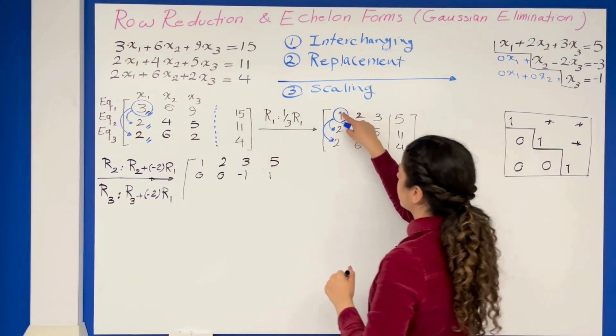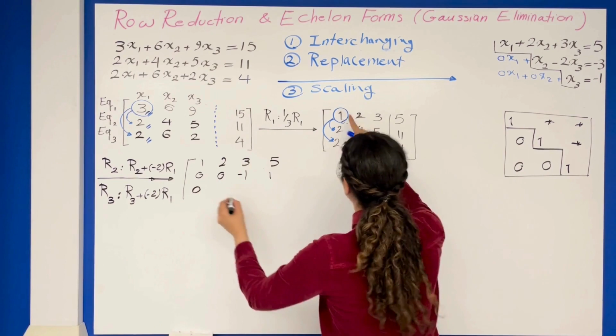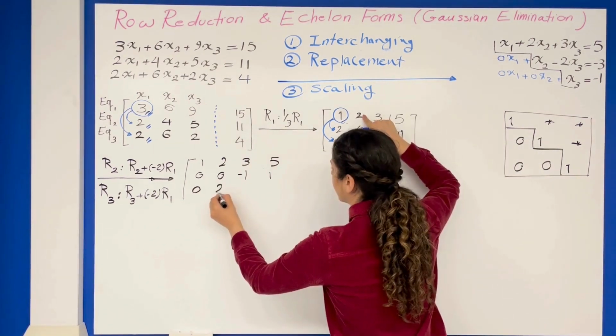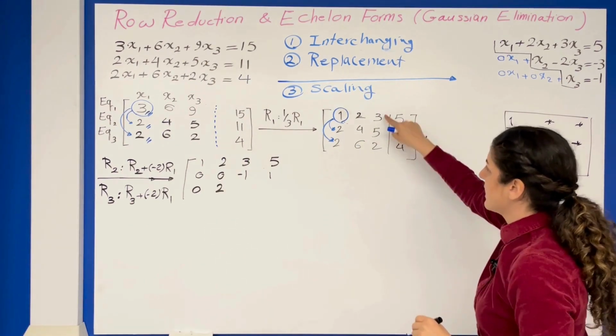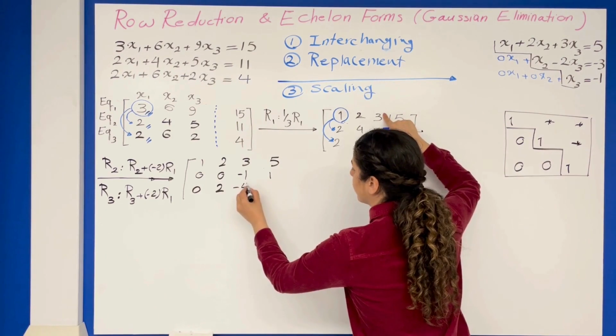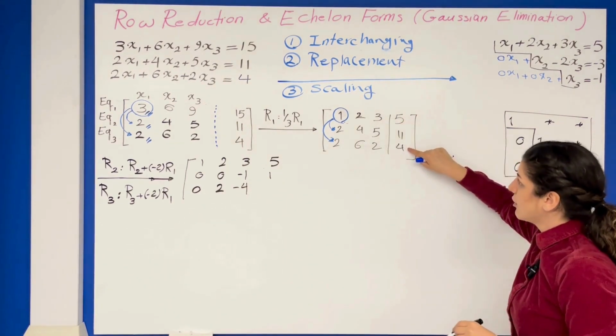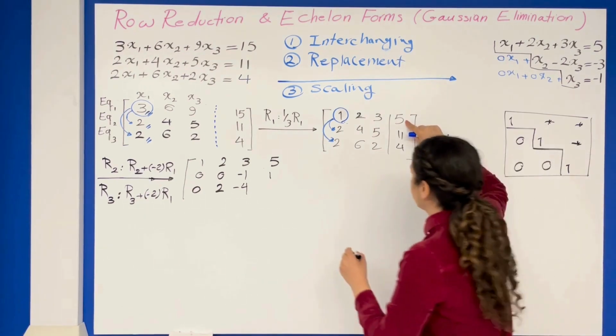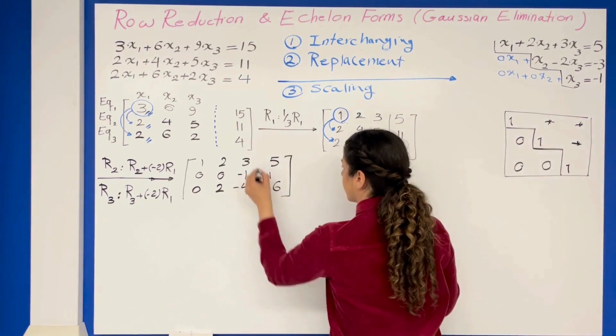So 2 minus 2 times 1, 0. 6 minus 2 times 2. 2 minus 3 times 2. So 2 minus 6 is going to be minus 4. And the last one, 4 minus 2 times 5. So 4 minus 10 is going to be minus 6.